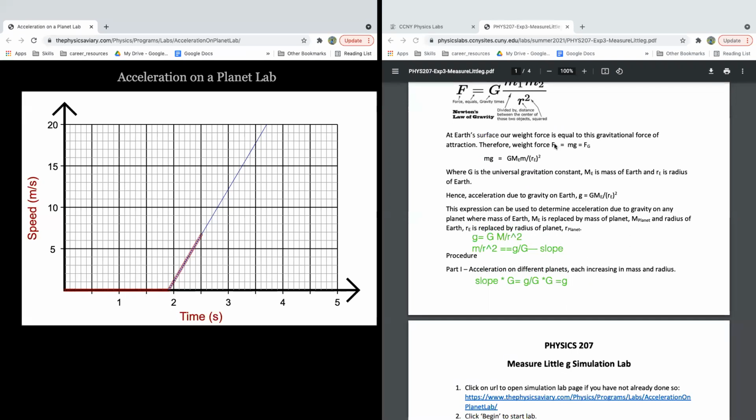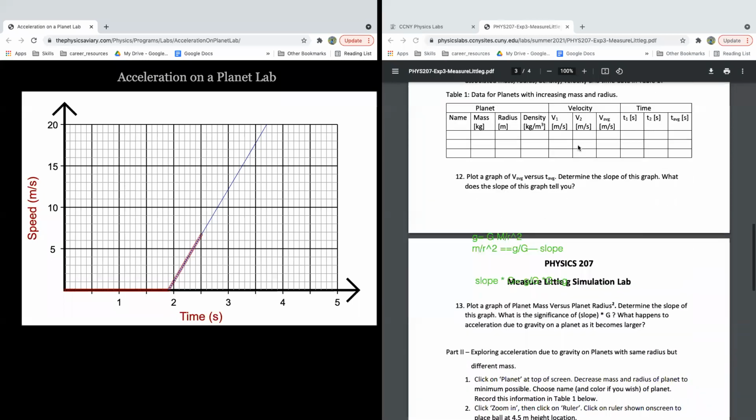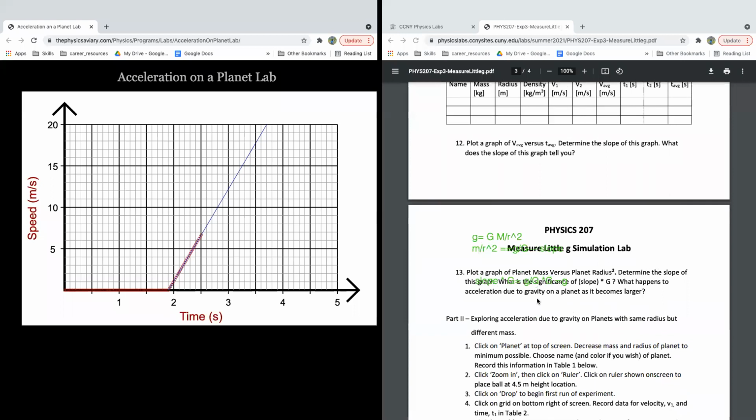When the gravity becomes larger, that means the weight force becomes larger, right? And then because the m is a physical property you cannot change, that means the acceleration will become larger, right? So when the gravity becomes larger, the acceleration also becomes larger.